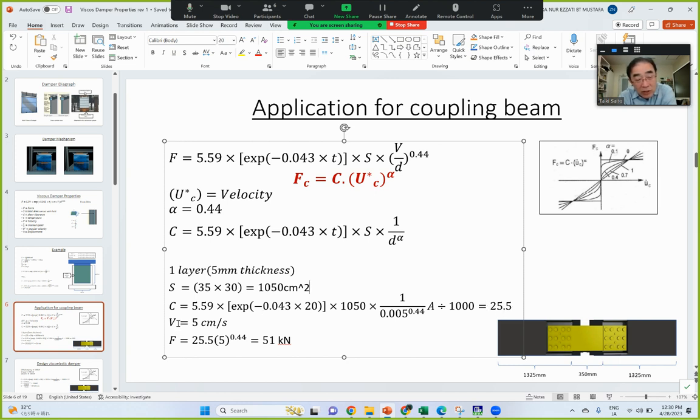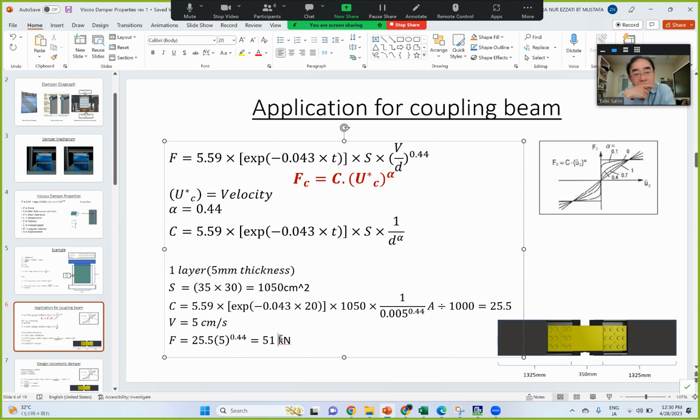So you assume 20-degree temperature. Yes, 20-degree temperature. And then we can calculate velocity based on the C, and then from the V we can calculate the force of each damper. So for one layer we can take 15 kilonewton. So for example, for the damper for the whole structure, each of the beams, the maximum it can take is 400 kilonewton.